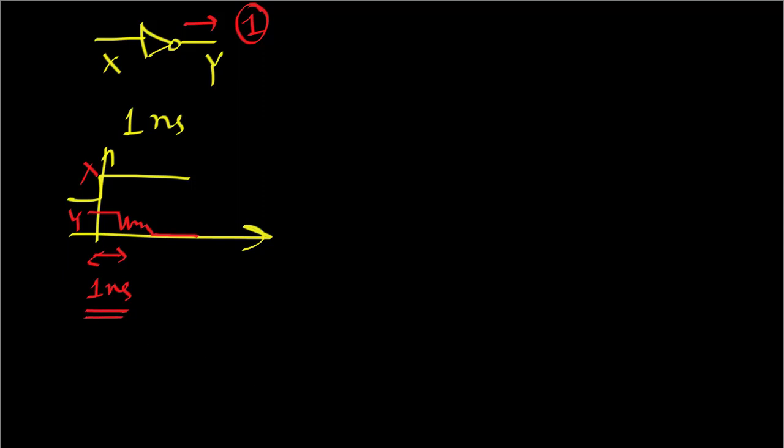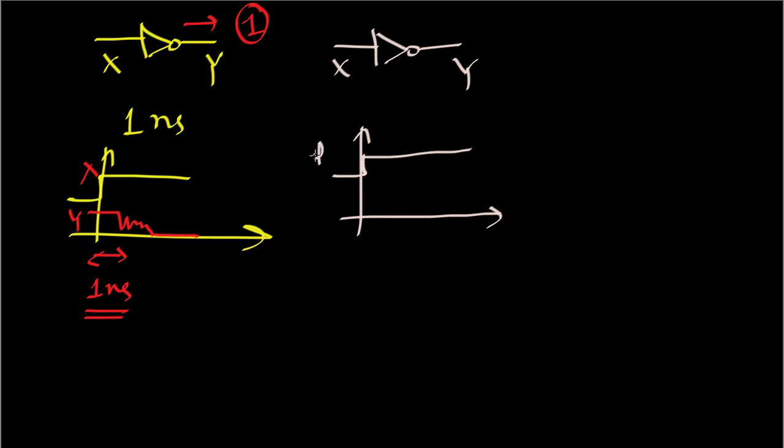Now let us say we have another NOT gate which we have manufactured by the same means in the manufacturing unit, and whose input is also X and output is Y. But as we discussed, when we are manufacturing these NOT gates in the millions, no two NOT gates are the same. So let us say this is input X which we are applying at t is equal to 0.